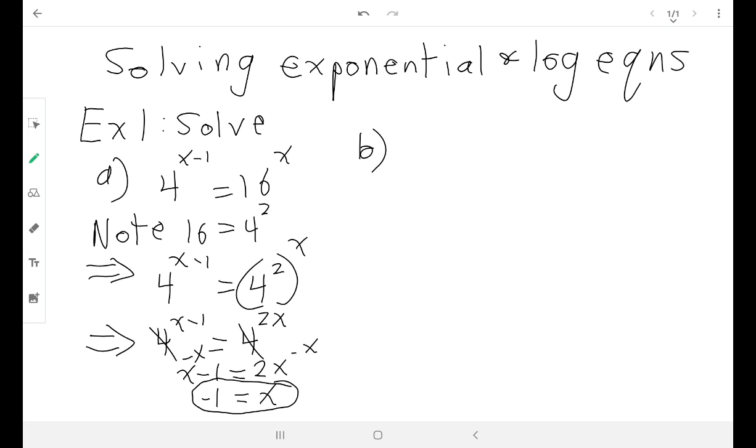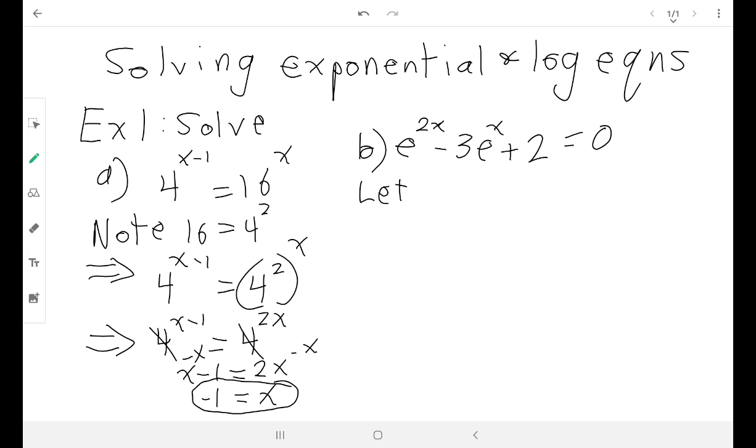In part B, let's do e to the 2x minus 3 e to the x, e raised to the x power, plus 2 equals 0. And I'm going to do a u substitution here.